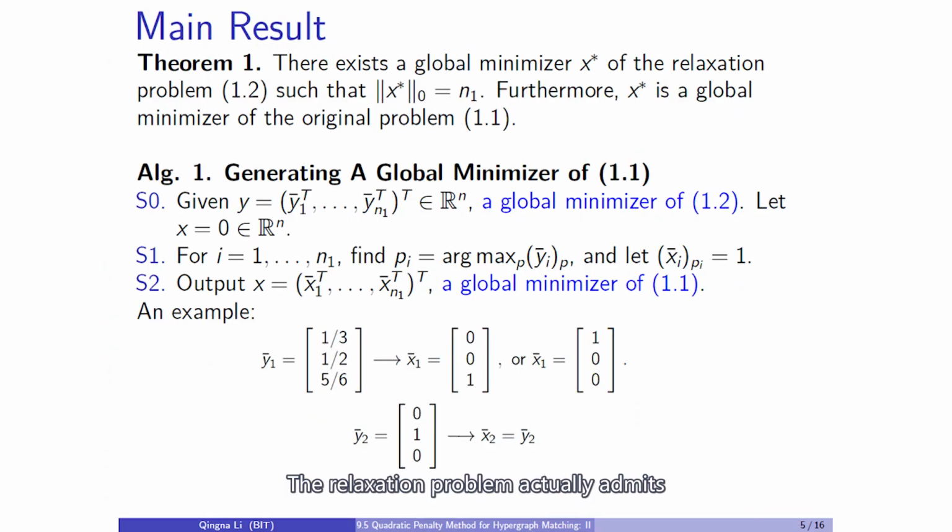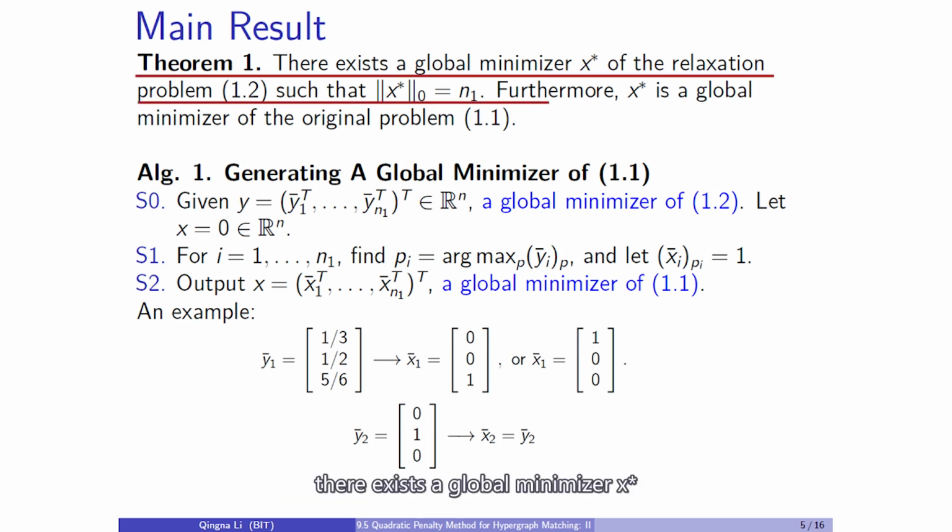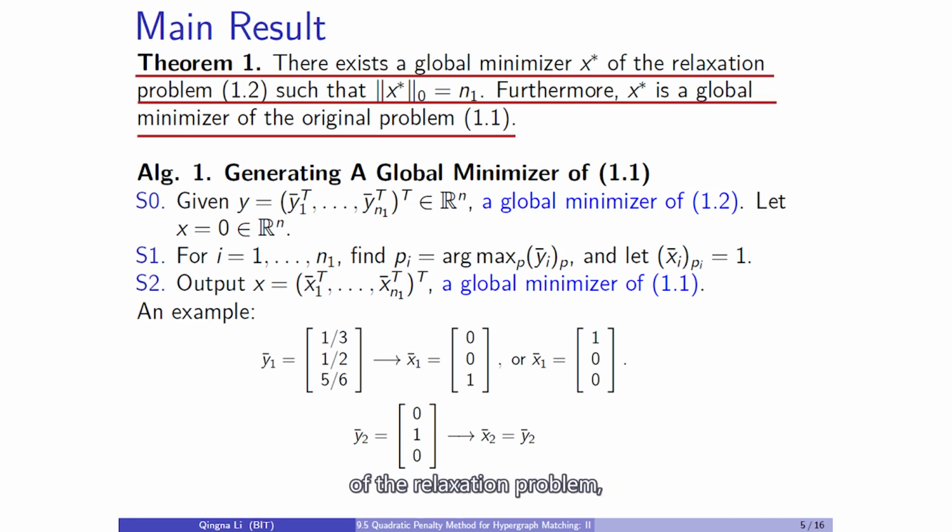The relaxation problem actually admits at least one global minimizer of the original problem. The mathematical statement is like this: there exists a global minimizer x star of the relaxation problem such that the zero norm is exactly n1. Furthermore, in this case, x star is a global minimizer of the original problem.